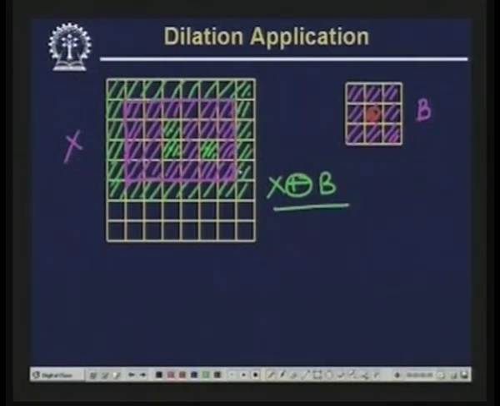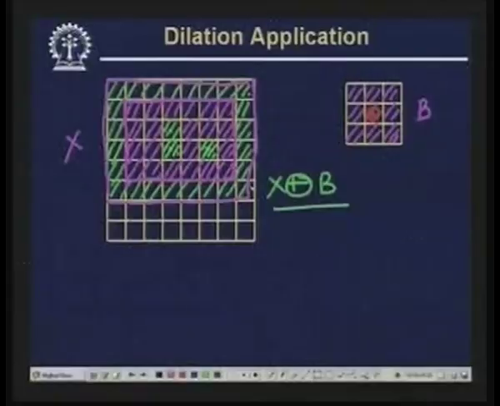Now, because of this dilation operation, the boundary gets expanded. So, in addition to this, all these points are also included in the object region. So, in effect, the object boundary is expanded. This is naturally a side effect of this dilation operation, and we have other operations by which this boundary expansion can be compensated.